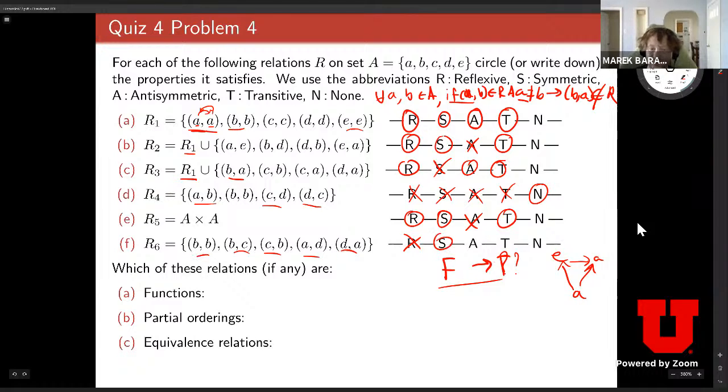Is it anti-symmetric? No, because we have AD and DA. Is it transitive? No, because again, we would need AA in there because we can go from A to D, D to A, but we can't go straight from A to A. So it's just symmetric. Okay, so which one of these is a function?